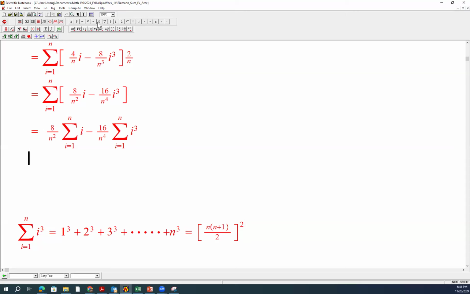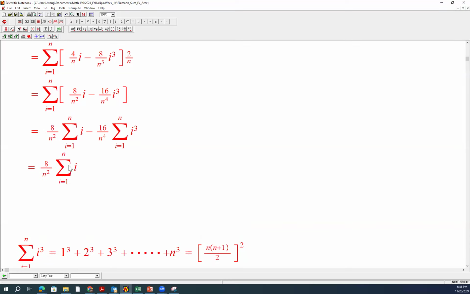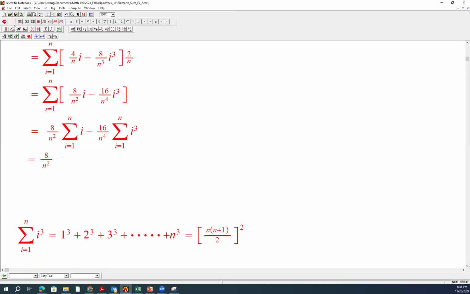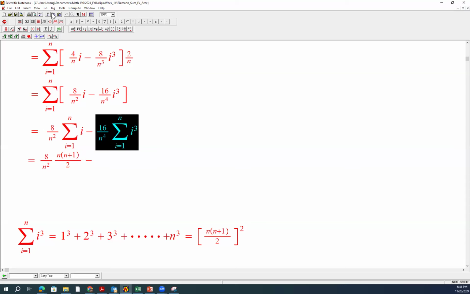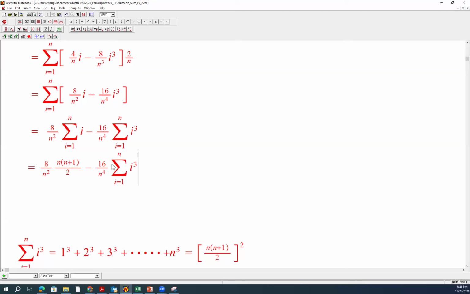So now we're going to put everything together, okay? And that piece will be replaced by n times n plus 1 divided by 2, squared, subtracting this other piece, 16 over n to the power 4, and this whole piece would be replaced by that.